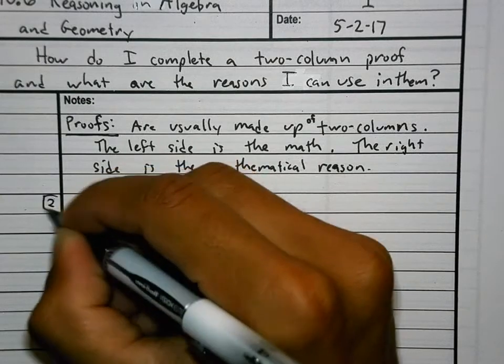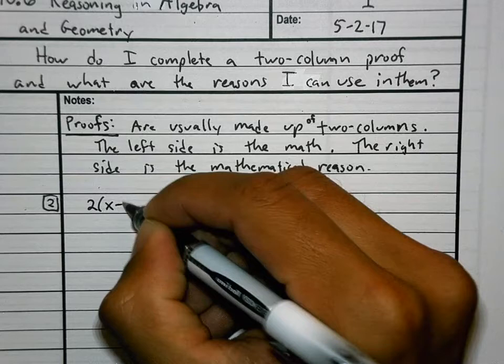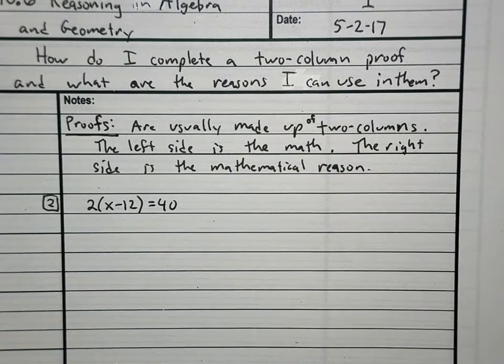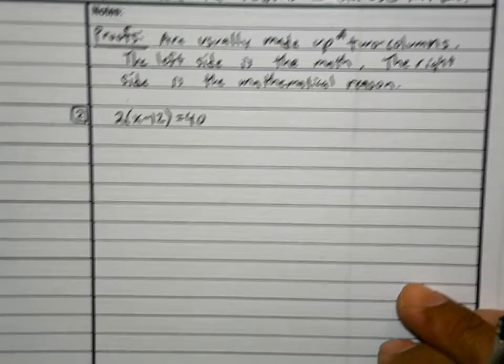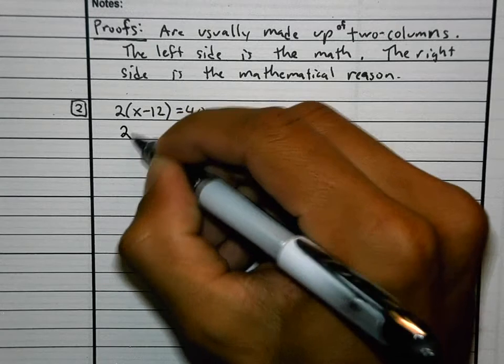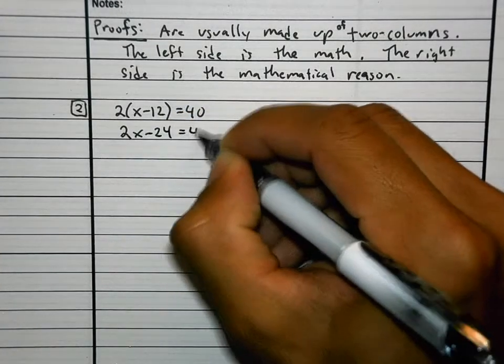Number 2. 2x minus 12 in parentheses equals 40. And then it says 2x minus 24 equals 40.